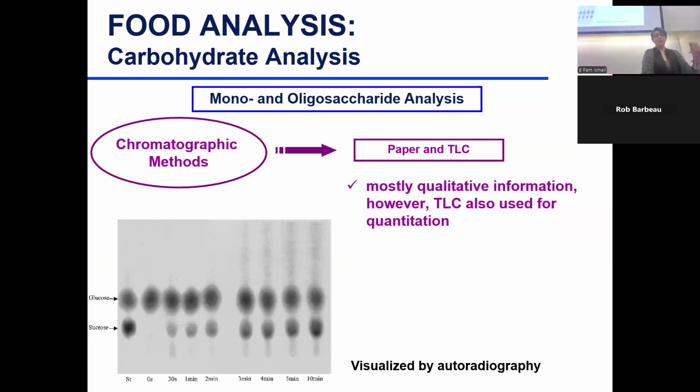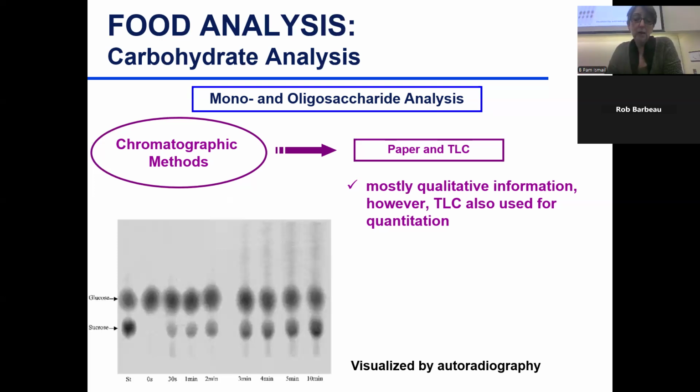So paper and thin layer chromatography are just an honorary mention. We're going to mention them very quickly and remind you that these are qualitative. You can do semi-quantification by looking at the intensity of the different spots, or you can scrape off the spot from the thin layer chromatography plate and use another quantification technique.